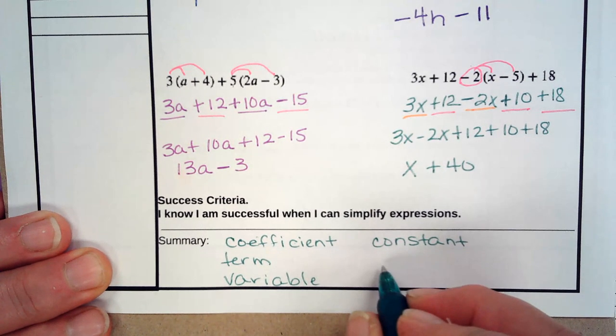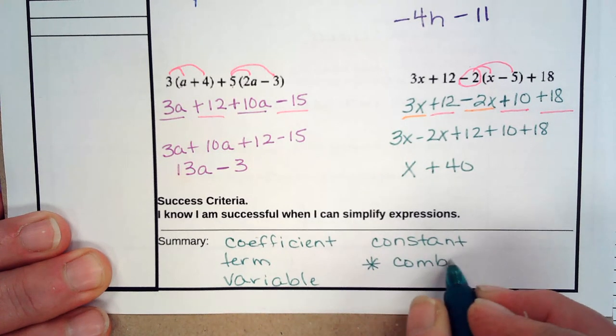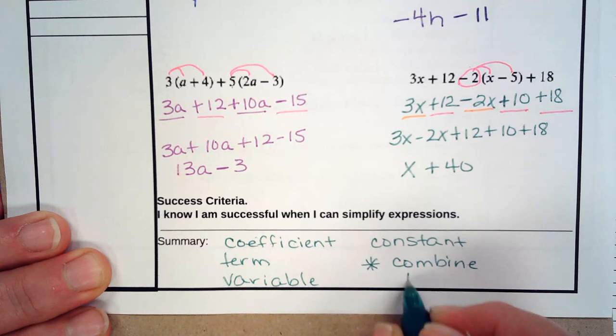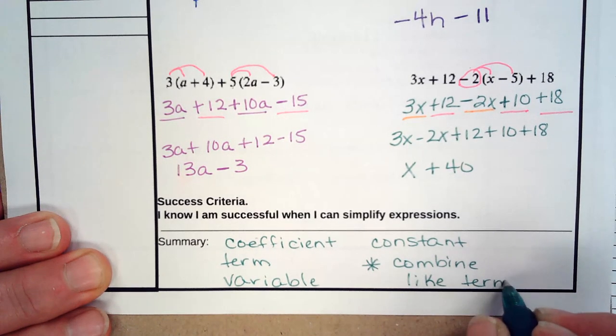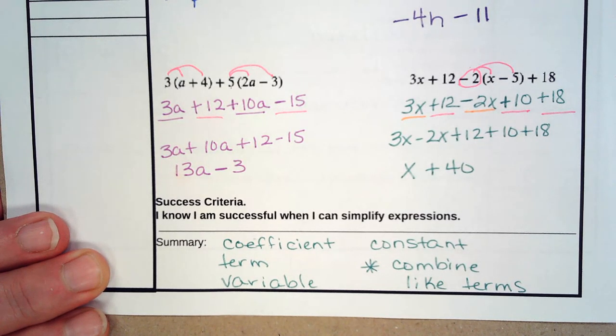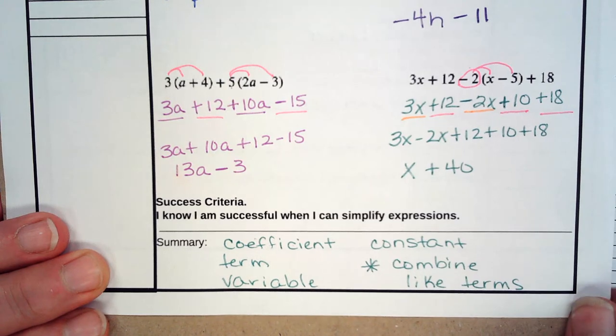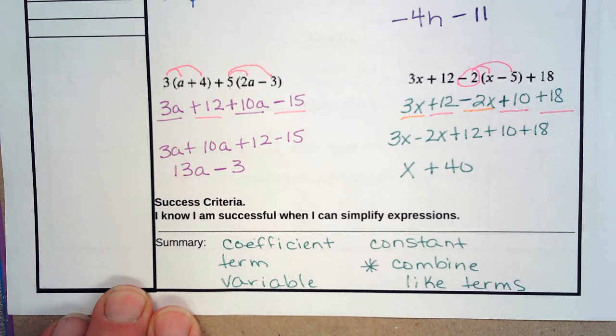And we also combine like terms. So within that last statement, it's understood that you do have to know what like terms are. If you are still struggling with any of that, please let me know and we'll have a conversation.